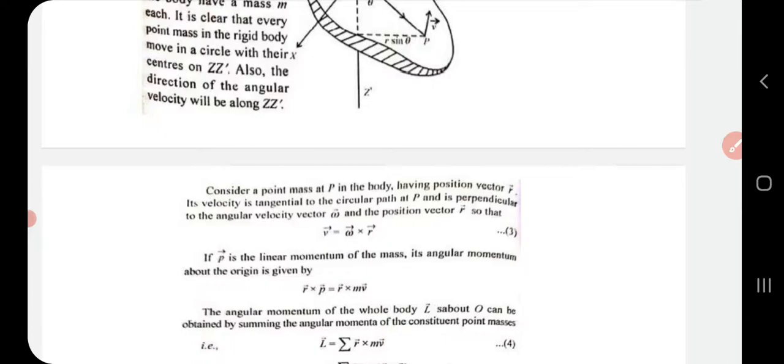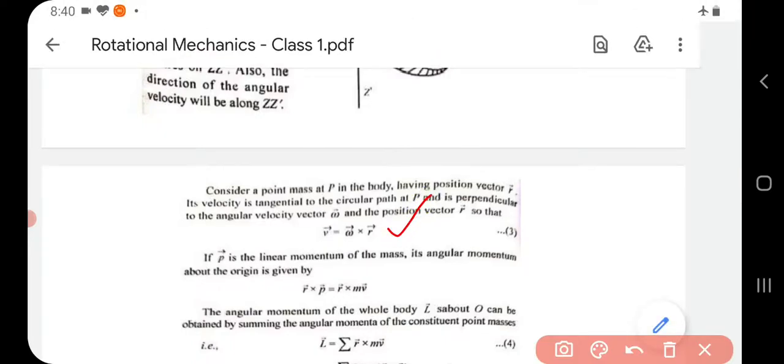Then the velocity will be V equal to omega cross R. That is, you have to consider a point mass at a point P. Let the position vector be R and let the angular velocity be omega. Then the velocity will be perpendicular to omega and R. That is, it will be V equal to omega cross R.